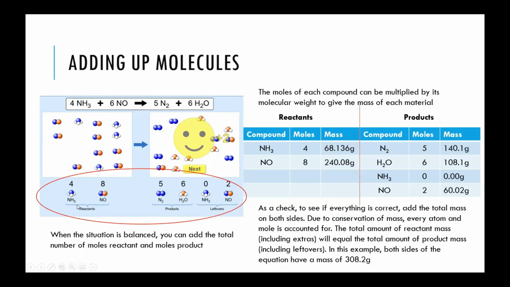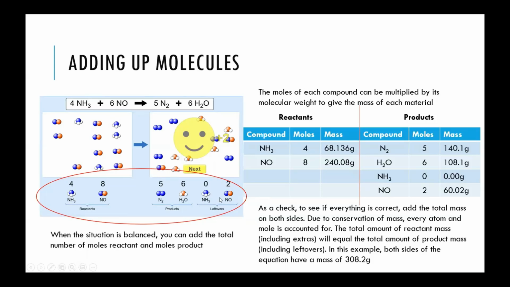In this case, the ammonia is the limiting reactant because it's all used up. And the nitrogen monoxide is the excess reagent, and there are 2 moles of this remaining.